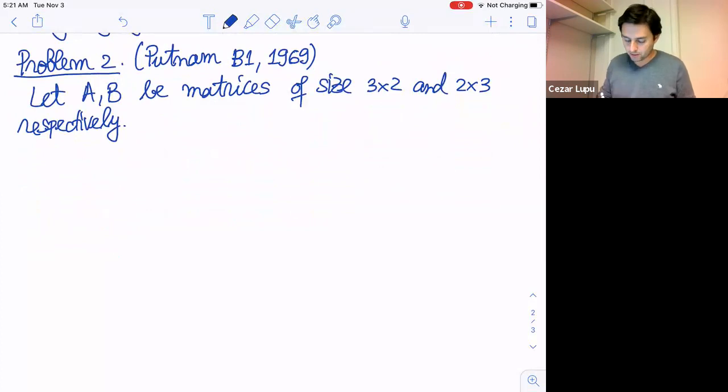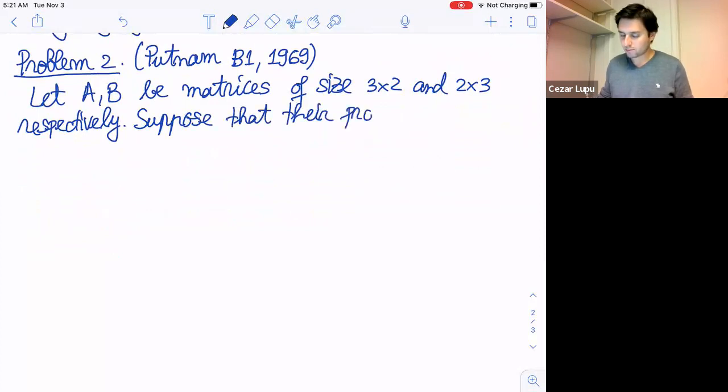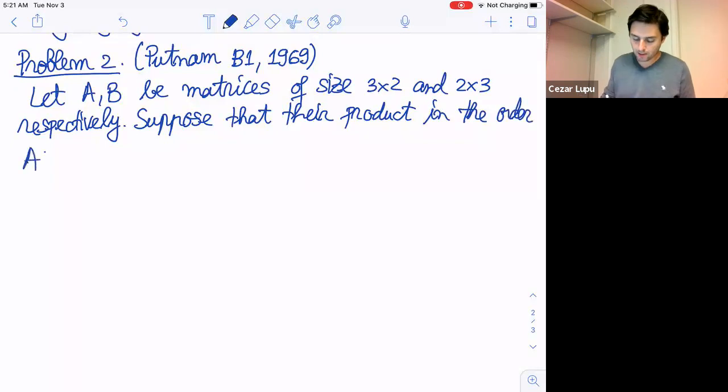Suppose that their product in the order AB, so we're going to compute A times B, is given by, and as you can see, the product will definitely be a 3 by 3 matrix.